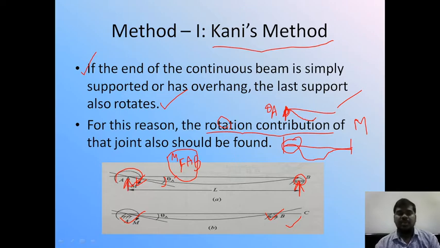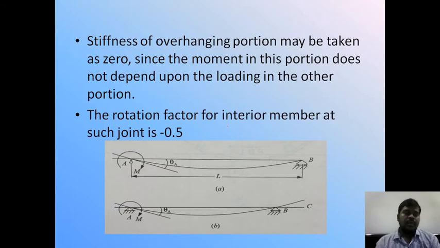Jumping to the second point, the stiffness of the overhanging portion may be taken as 0. For this overhanging portion the stiffness K, which is the stiffness factor used for the distribution factor in the moment distribution method, may be taken as 0. Why?